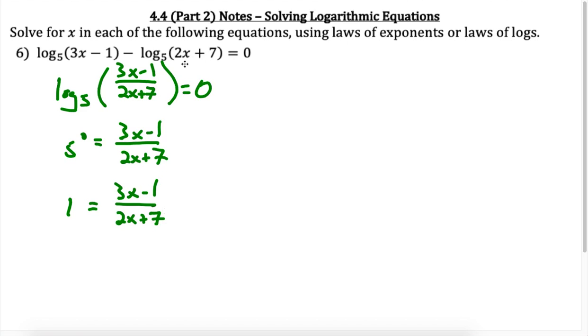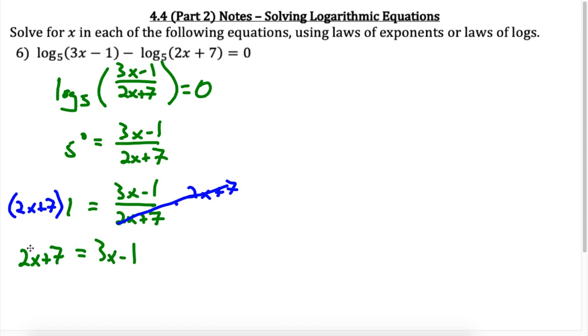And now, to solve, I want to get rid of the denominator. So to do that, I will multiply both sides by 2x plus 7. The reason we do that is these factors will cancel out, and we're just left with 2x plus 7 times 1 equals 3x minus 1.